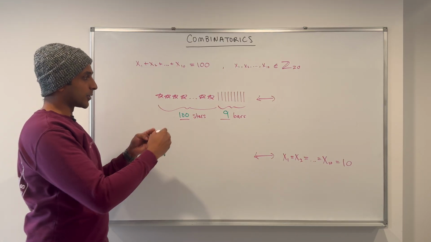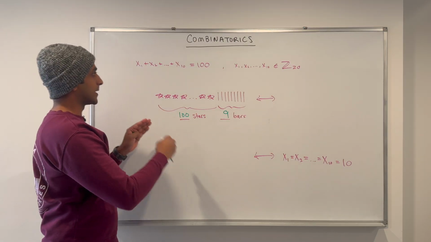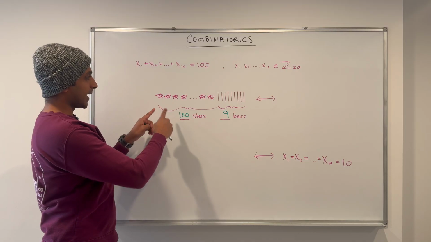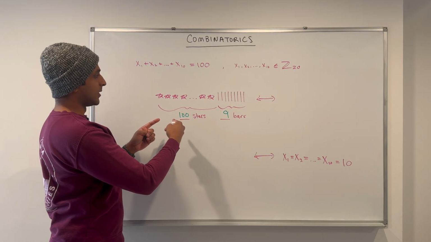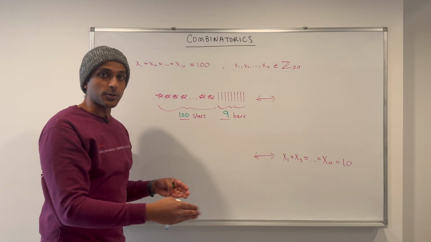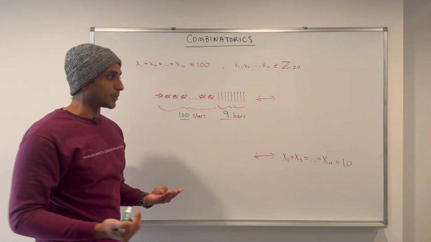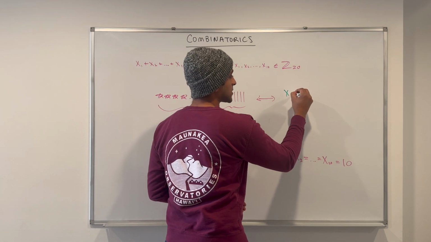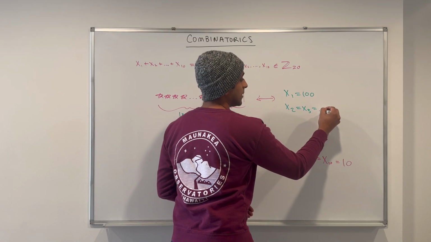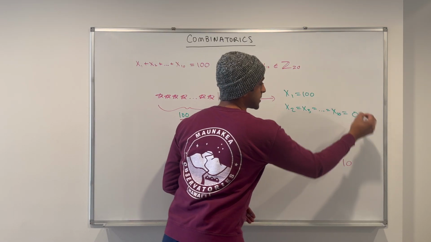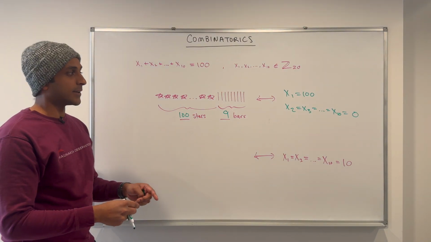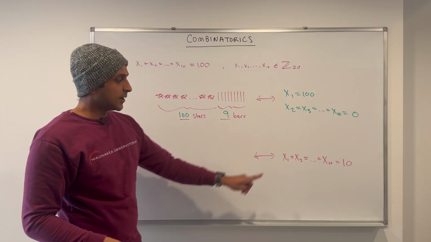Well, assuming that we interpret the regions from left to right as representing x1 through x10 in that order, then x1 is equal to 100 because all of the stars are in the first region, and there are no stars anywhere else, which implies that all of the other variables are equal to 0. So this string maps to x1 equals 100, and x2 through x10 are all equal to 0.